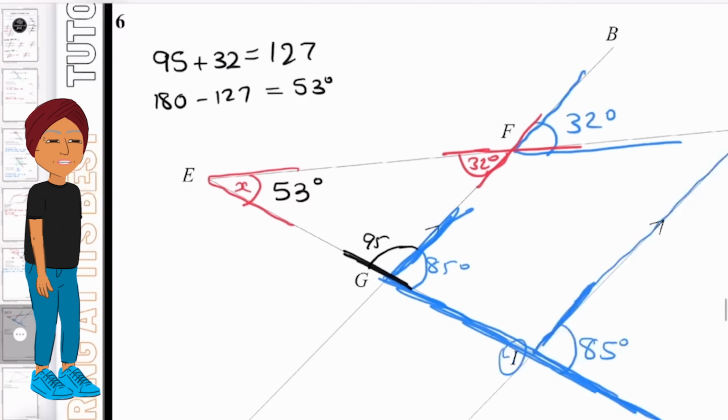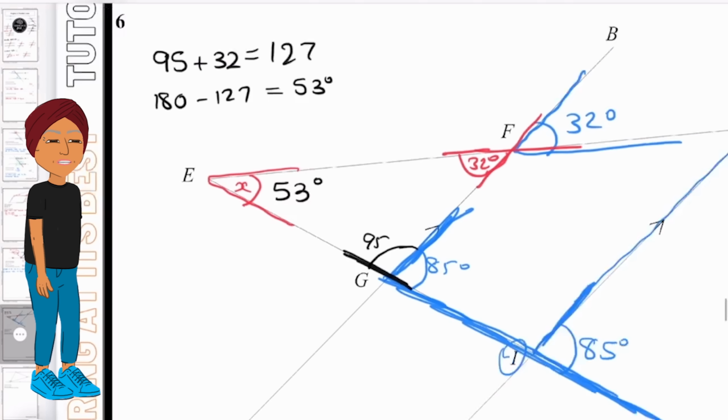And there we are. So let's now go ahead and see exactly what I've done. Well, the first thing was to work out EFG, and that was 32 degrees as it was vertically opposite. I then went and calculated what FGI was. So I know FGI is 85 degrees, and that is because of corresponding angles.